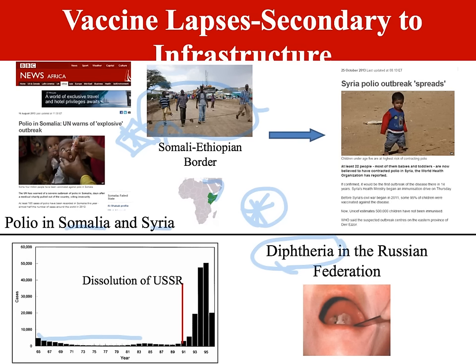And right here, the red line is the collapse of the Soviet Union. And when that happened, there stopped being a central government in place for certain areas of what had been the USSR and were now their own independent countries.